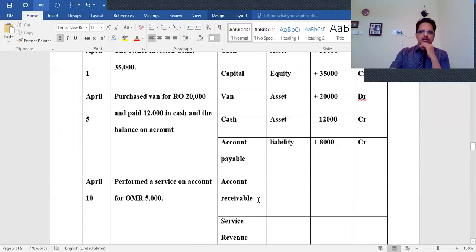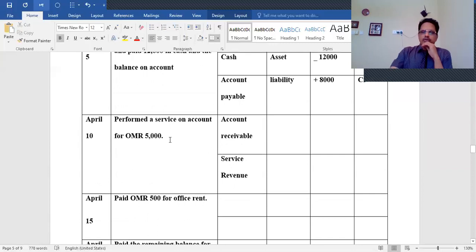Service revenue and account receivable. Once again, you provided service, but money has not been received. So two accounts: one is account receivable, your asset, or debtor. It means you will get money in future, maybe after 1 month. And the other is service revenue, that means income.